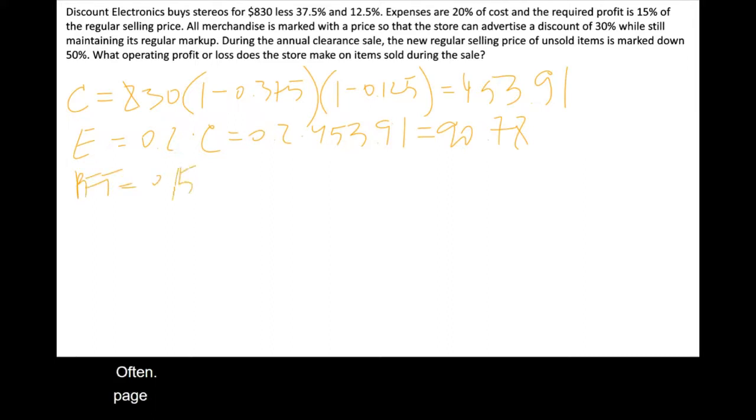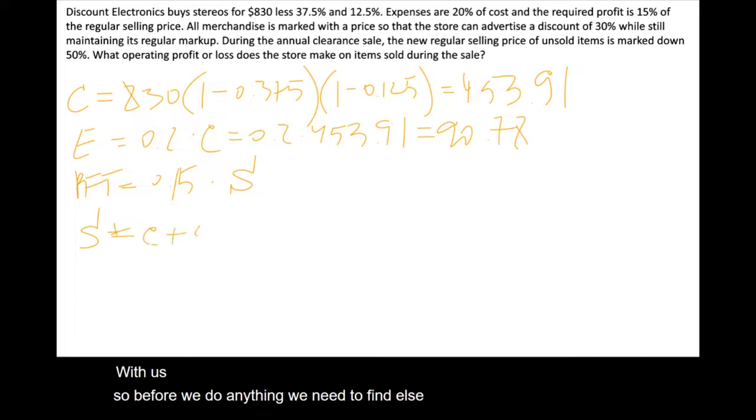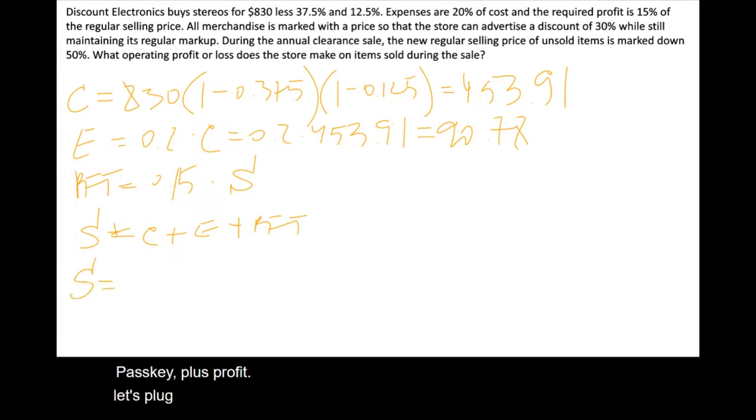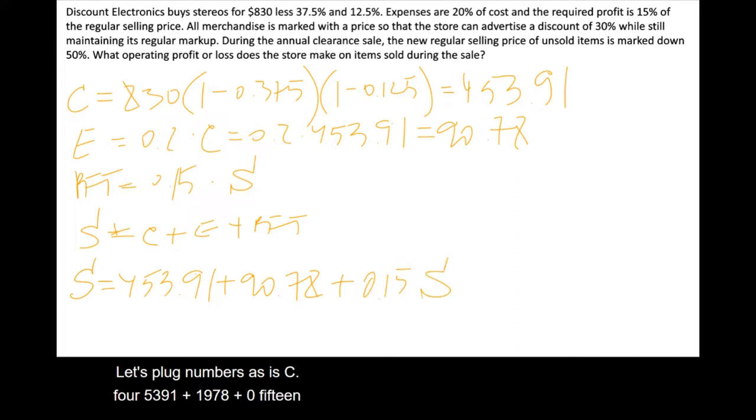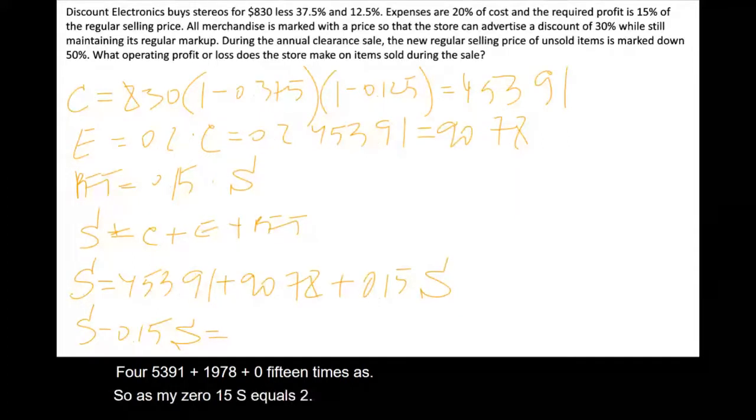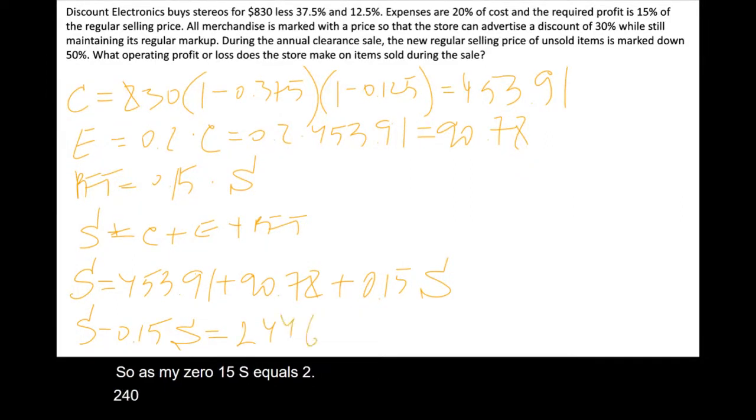And profit is 15% of S. So before we do anything, we need to find S. S is C plus E plus profit. Let's plug in numbers. S is C, 453.91, plus 90.78, plus 0.15 times S. So S minus 0.15 S equals 244.69.